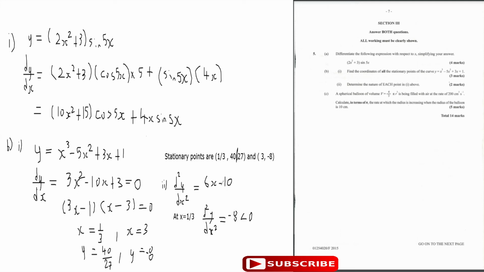All right, and so what we're then saying is that 1 over 3, 40 over 27 is a maximum point. So we can hence conclude that that is a max point.